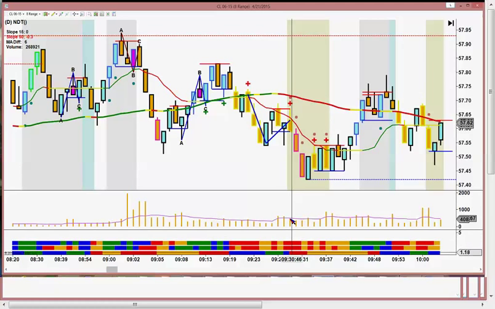Now the third line is stochastic, and we have learned after really going back well over a year that stochastic does nothing to increase the predictive value of a trade. So even though the third line is here, we don't analyze it. We don't use it.